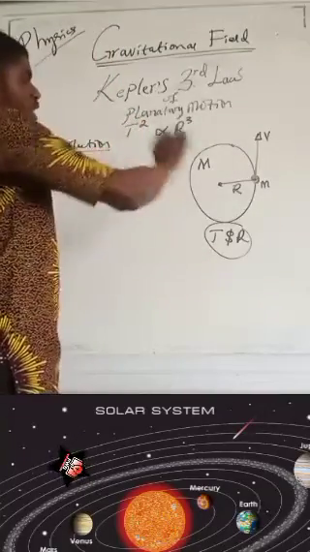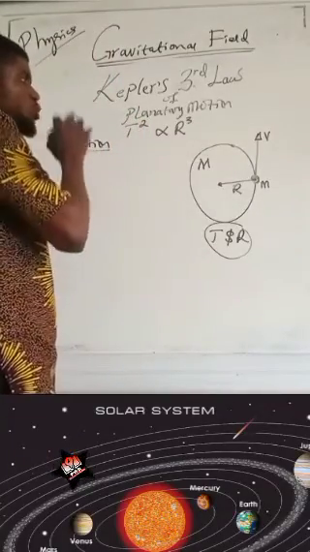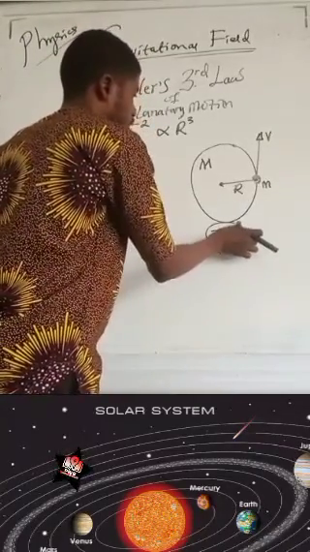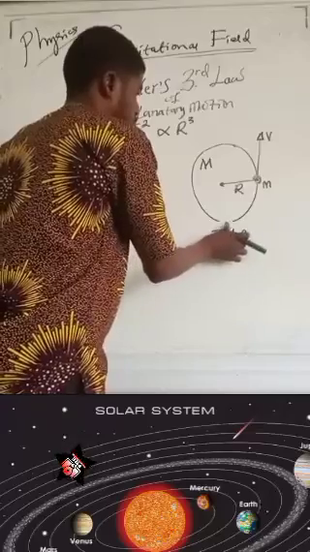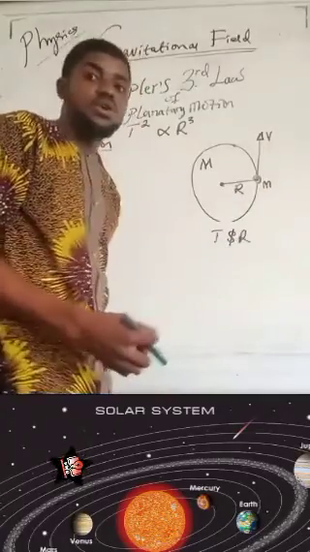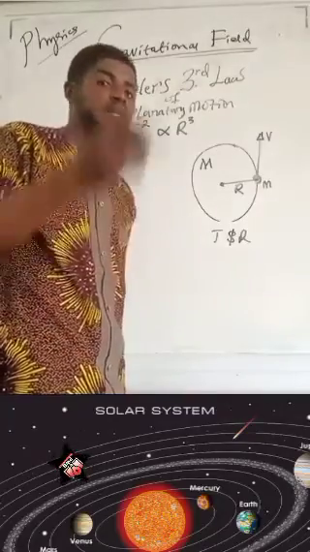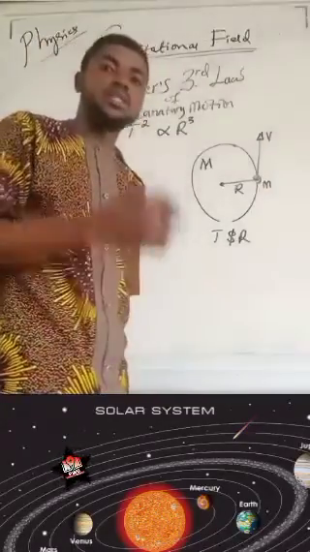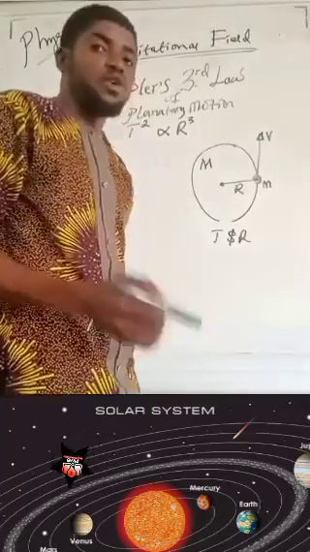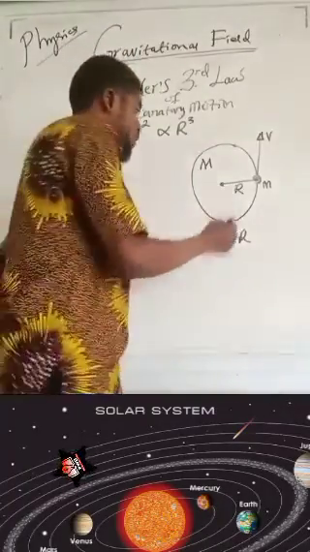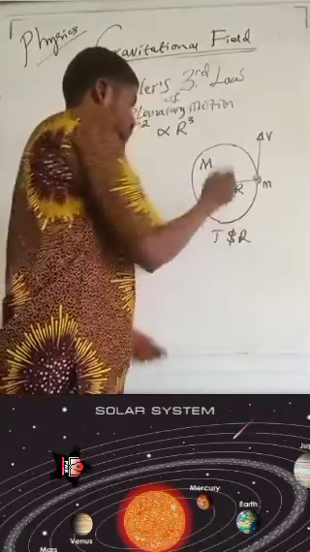Now, this is under circular motion. It will interest you to know that every equation you know in circular motion in your SS1 physics or Year 10 physics, other schools call it Year 9, has some equations under circular motion.